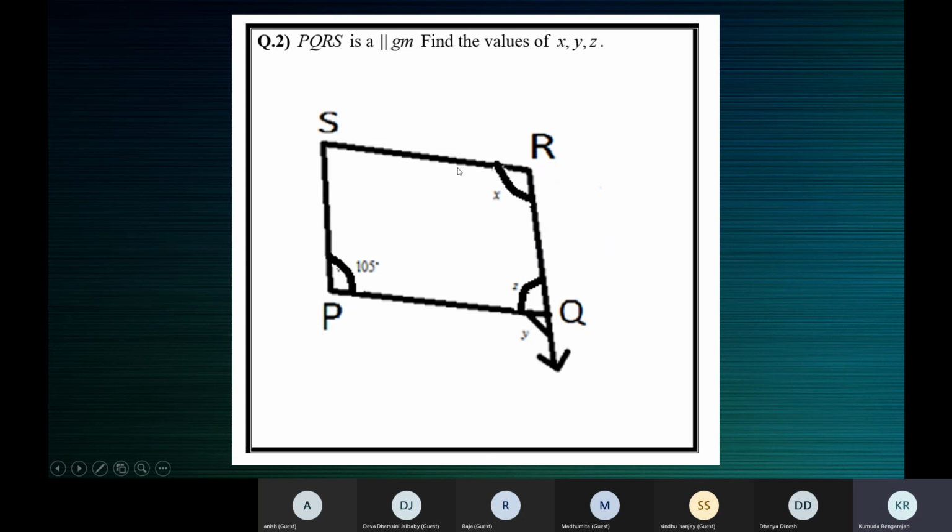In this case, the lines are parallel. So before we say alternate angles are equal or corresponding angles are equal, we need to mention the pair of parallel lines and the transversal. So SR is parallel to PQ, and RQ is the transversal.